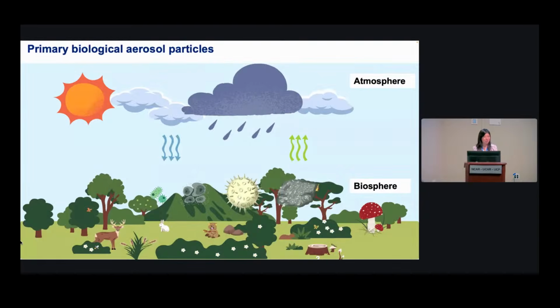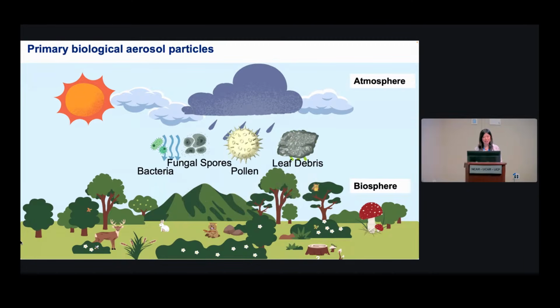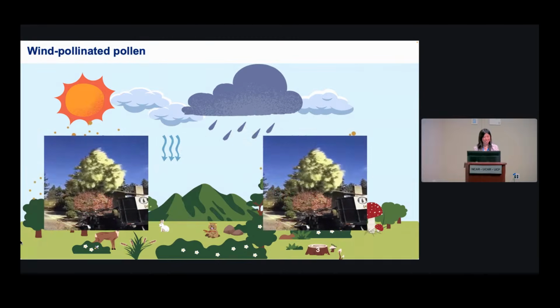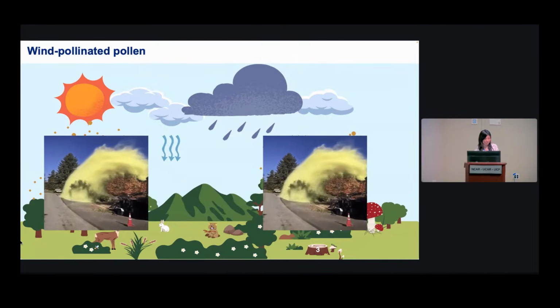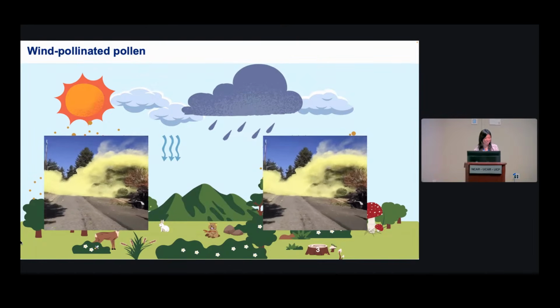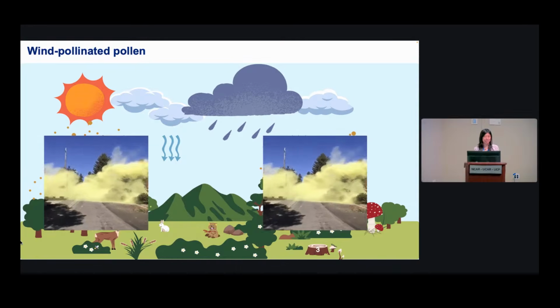So some background information. Primary biological aerosol particles are emitted from Earth's biosphere, and after that, they can participate in atmospheric processes. And among all of them, I'm mainly interested in pollen for this work. This is the pollen emission video, and this is from wind-pollinated species.